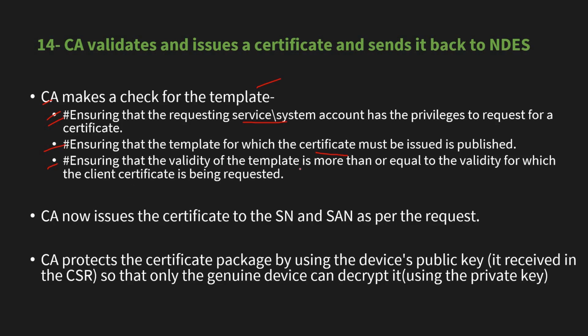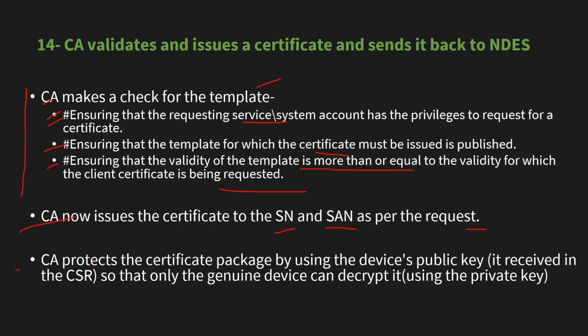So we have to ensure that the validity of the template is more than or equal to the validity for which the client certificate is being requested. Once the CA has made these validations, the CA is now going to issue a certificate with the subject name and the subject alternative name as per the CSR, which is as per the profile that was created by the admin in the Intune portal.